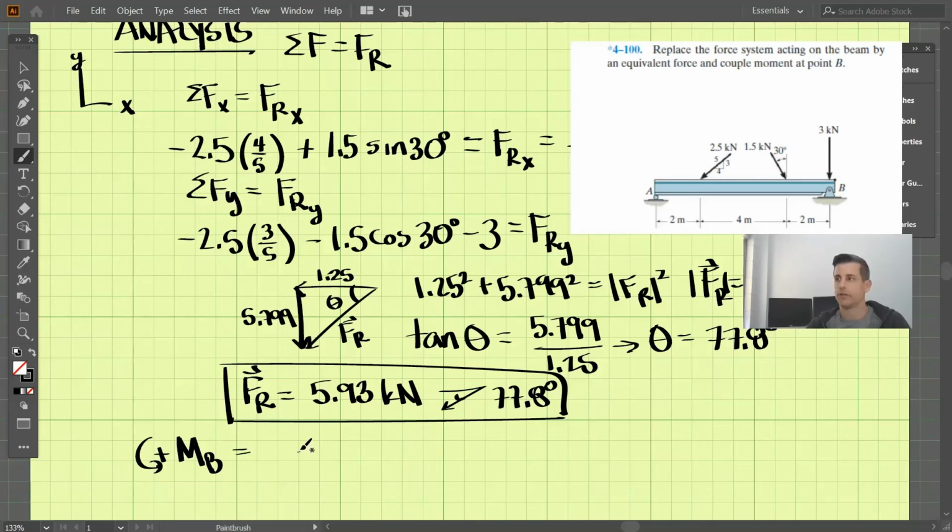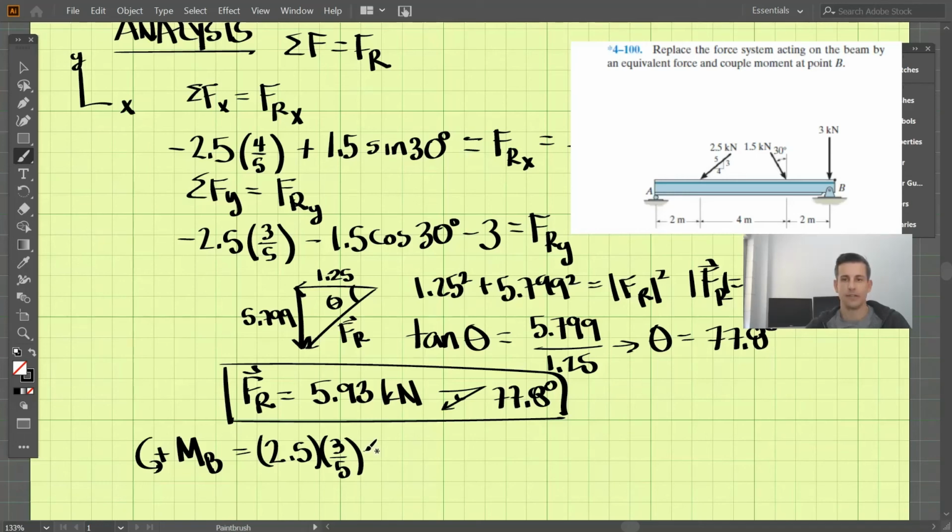Let's start with the 2.5 kilonewton force. We have 2.5, but it's not the full 2.5. We have to take the component, which is just the downward component of that force, so we have 3 over 5.